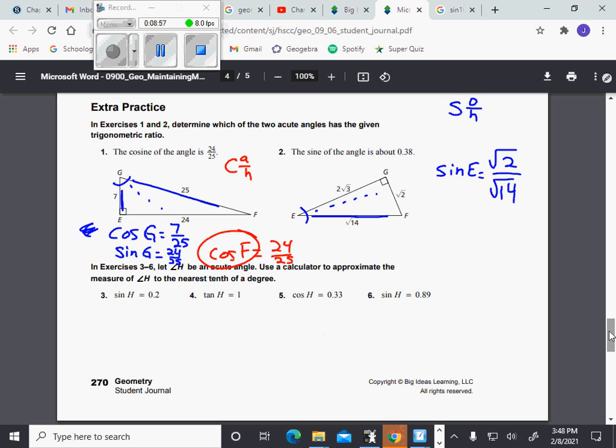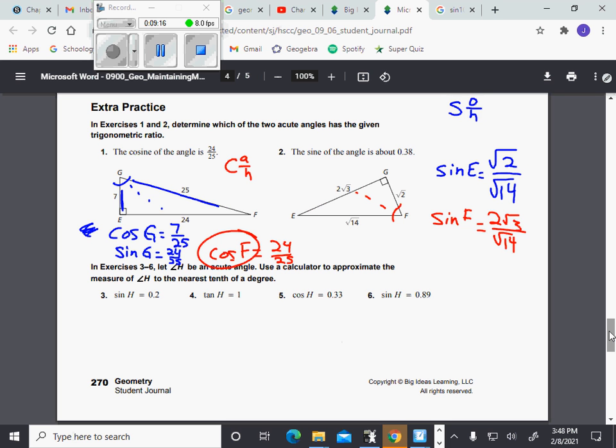Okay. The sine of F is equal to the square root of 3 over the square root of 14.